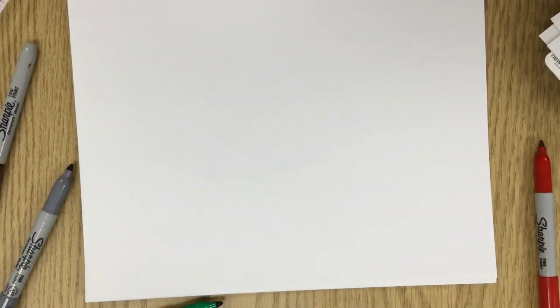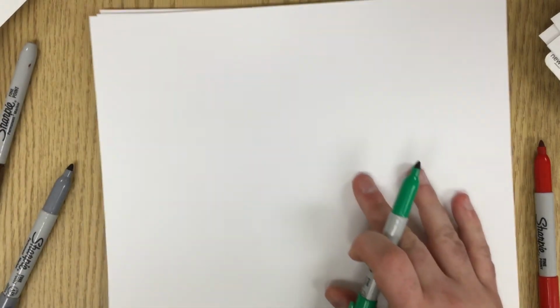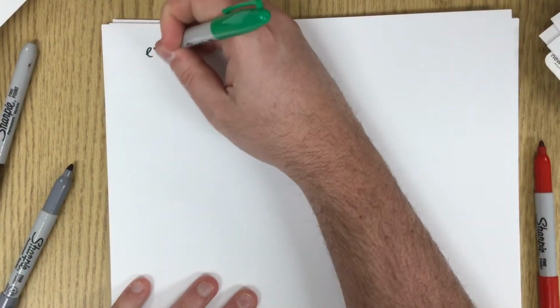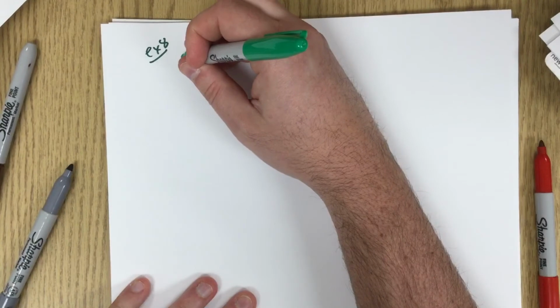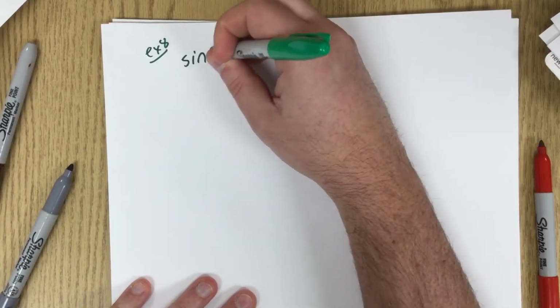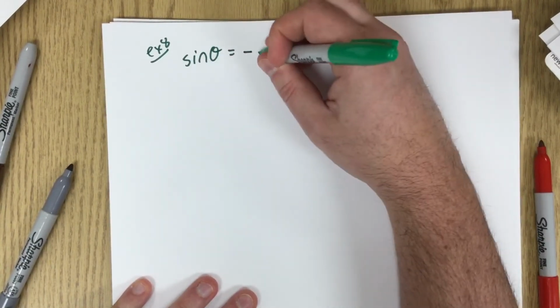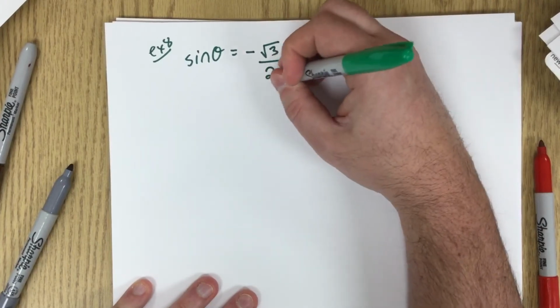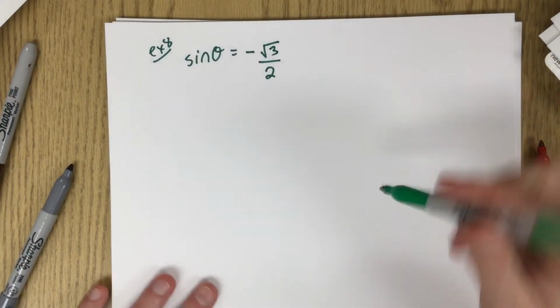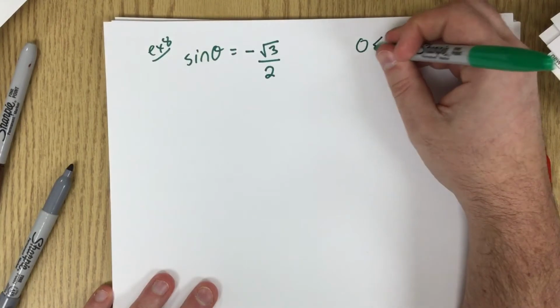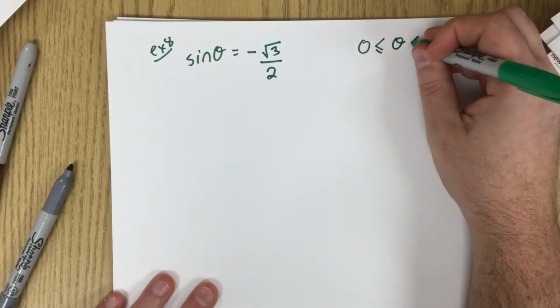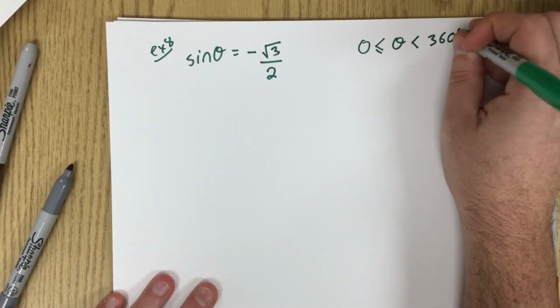Let's do another one of those. We'll keep the same colors. So let's say sine of theta is negative root 3 over 2. And again, we're going to be between 0 and 360.